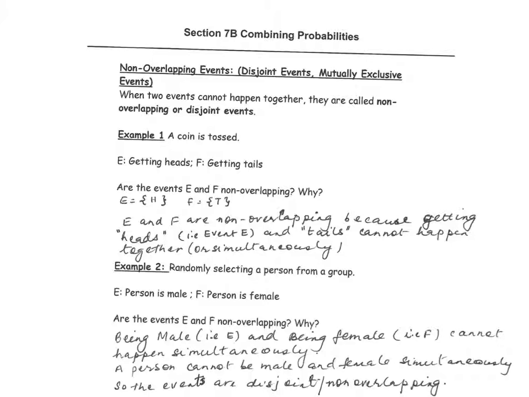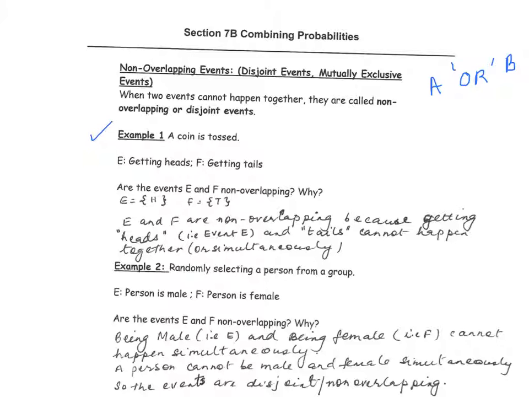In the previous slide, we defined independent events and dependent events. We used the idea of independent and dependent events when we defined the AND rule. Now we're going to define the OR rule in a minute, but in order to apply the OR rule, that is combining events A and B using the word "or" and figuring out the probability, we'd first have to know if the events A and B are non-overlapping or disjoint events.